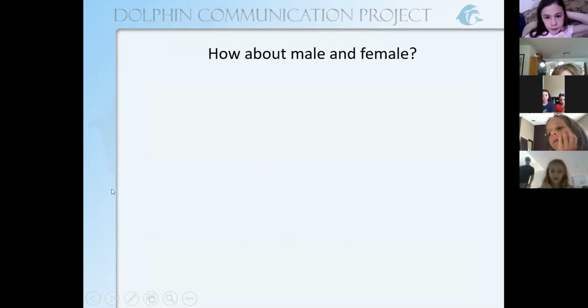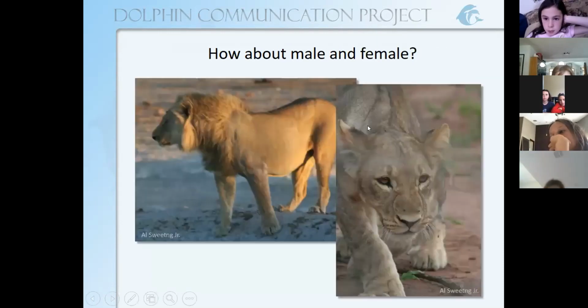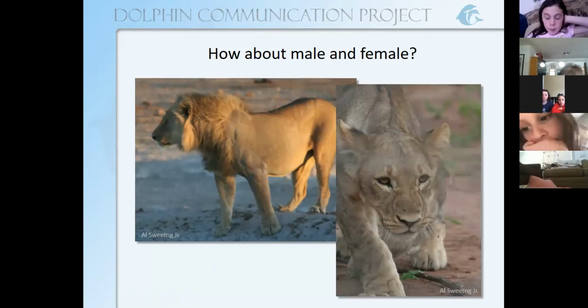So we talked about telling species apart, and that's really helpful. That's the first step. But what about telling males and females apart? Does anyone here, any of the kids joining today, have any of you gone to college to study lions? Anybody?